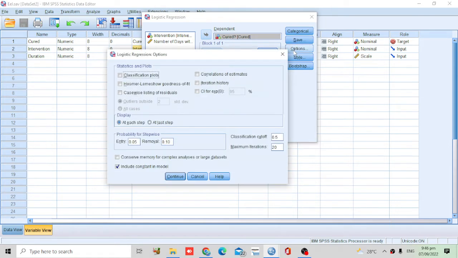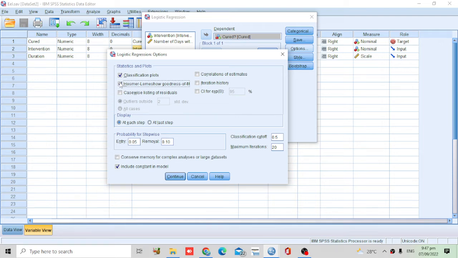For the options, I'd like to see yung classification plots. We want to see which among them fall under the patients that are cured, or we want to see when the probability plots occurred, that is, a patient having cured.